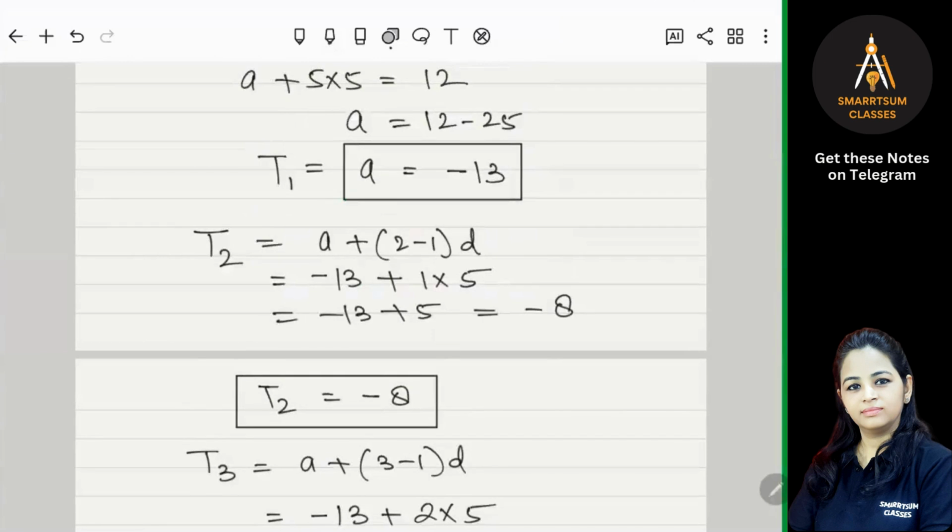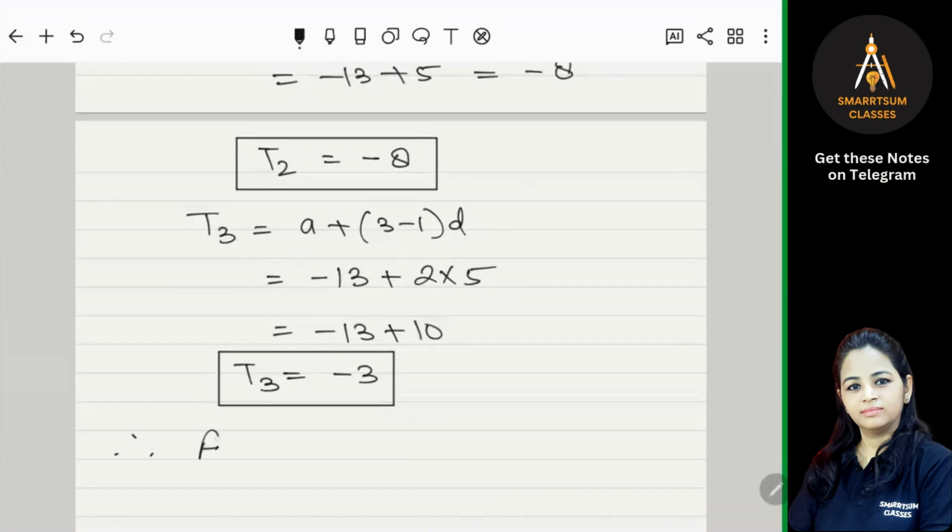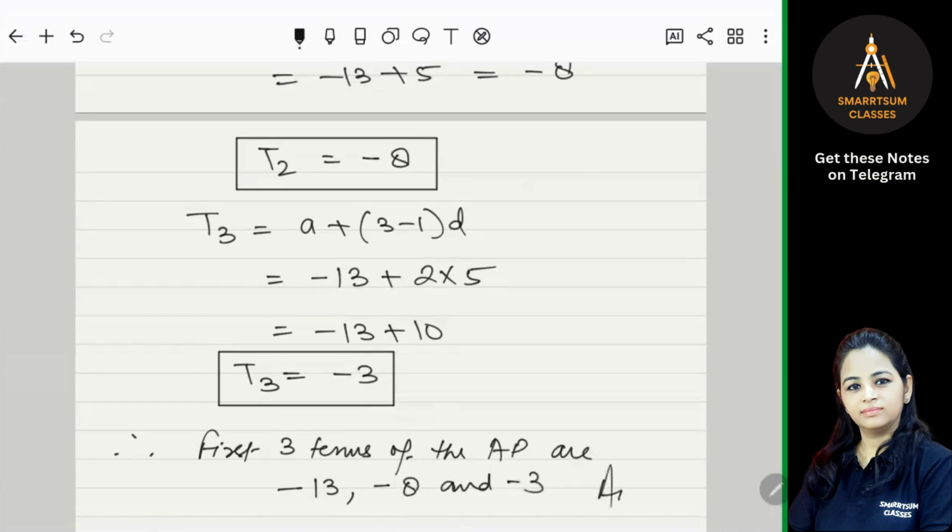Is it clear? Therefore, the first three terms of the given AP are minus 13, minus 8, and minus 3. And this is it. I hope you're getting it.